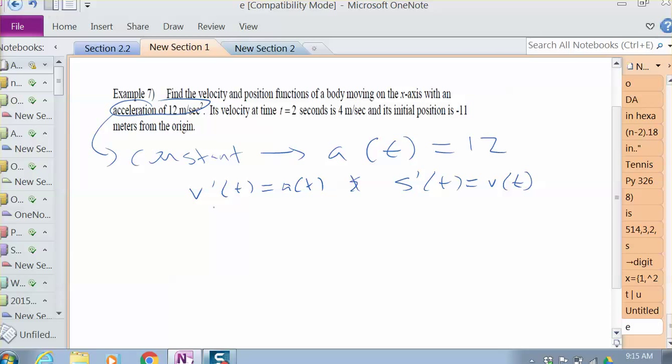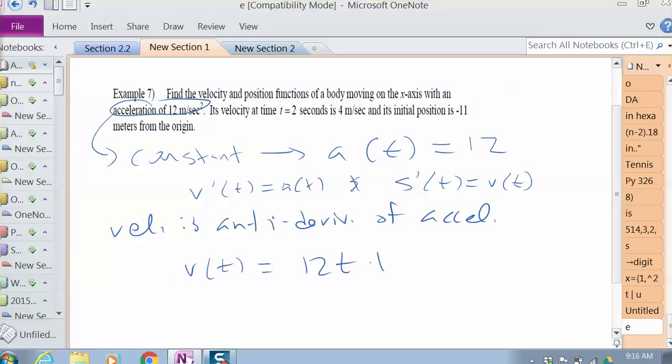Because if the derivative of velocity is acceleration, then going backwards, that's what we need to do. So our velocity function will then be 12t plus a constant.